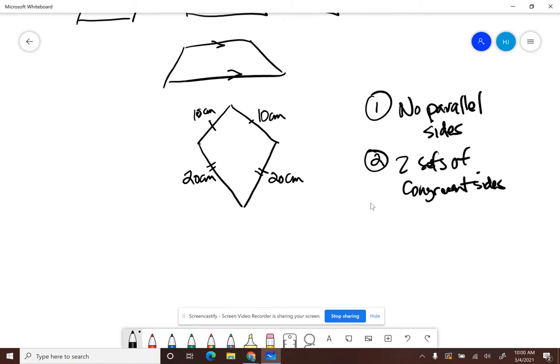The other thing that we have to recognize about a kite, so you're going to notice here that I have two congruent sides here, and I have two congruent sides here. The angles that are in between those congruent sides, so this angle here and this angle here, are actually congruent, okay? So it has one pair of congruent angles.